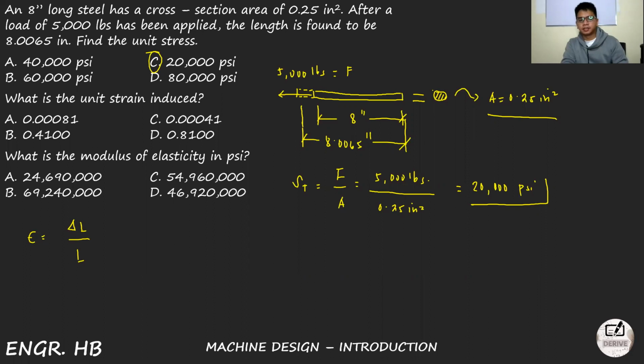The purpose of the unit strain, para malaman natin kung ilang amount ang nabago per length. So kaya nakalagay dito is change in length over original length. So we all know that the change in length is ito yung nagbagong distansya, no? And that was 8.0065 minus 8.